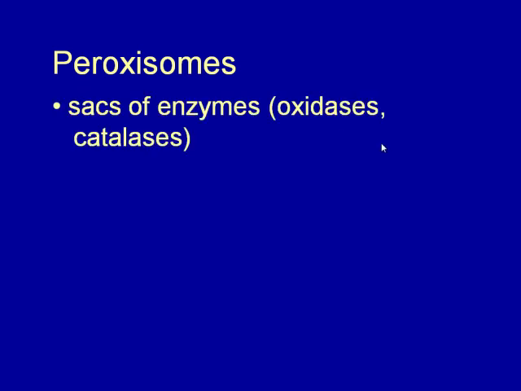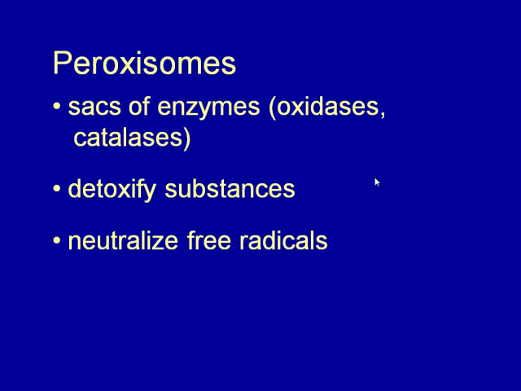Now, in addition to the organelles, there's a special organelle called a peroxisome. These are sacs of enzymes like oxidases or catalases, and their responsibility is to detoxify substances. We say that they neutralize free radicals. Now, free radicals are molecules that can suck electrons away from other molecules and damage them.